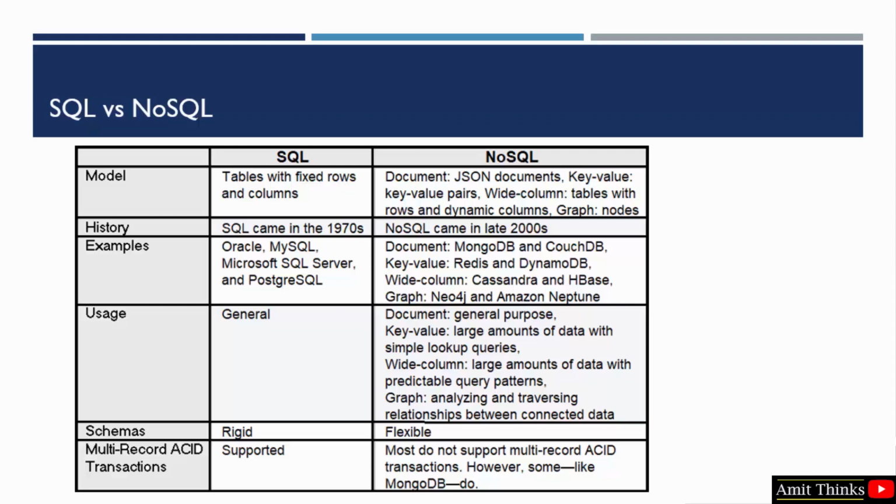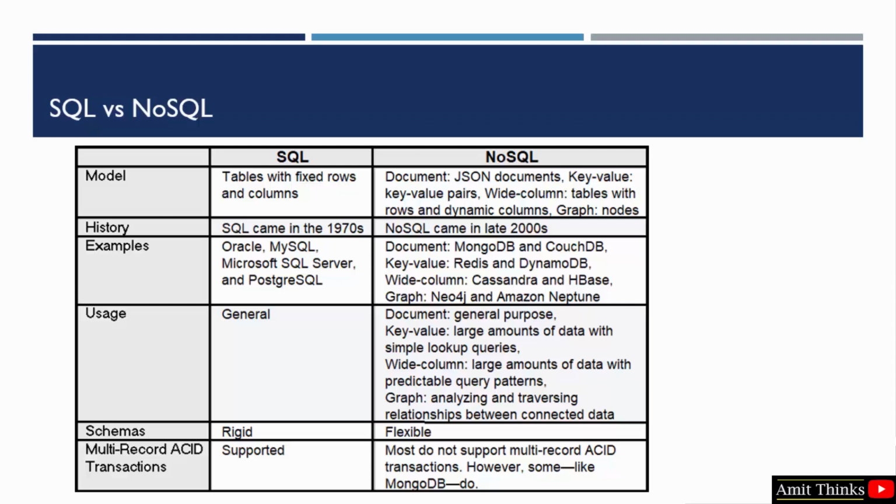SQL came in 1970, so it has been around for more than 50 years. NoSQL just came in the late 2000s. As examples, SQL is basically RDBMS, so all the databases related to RDBMS are covered under SQL. MySQL, Microsoft SQL Server and Oracle are all based on RDBMS.